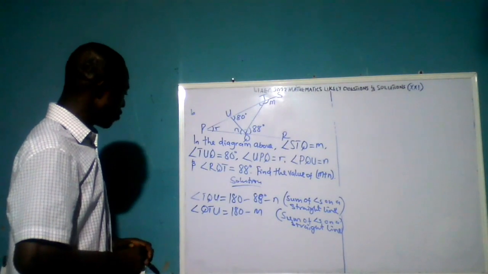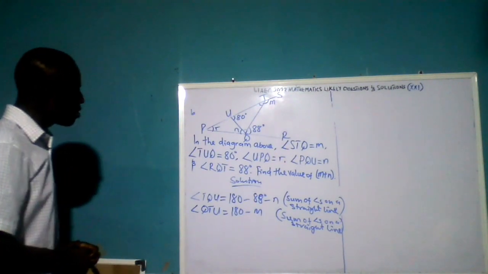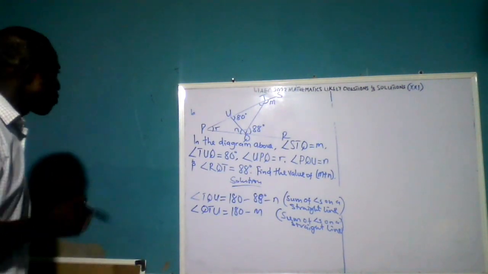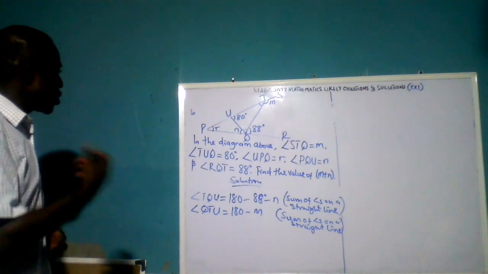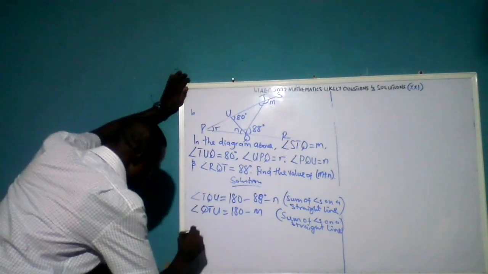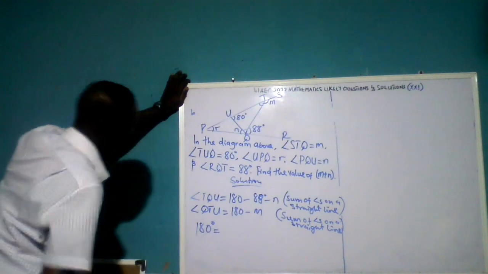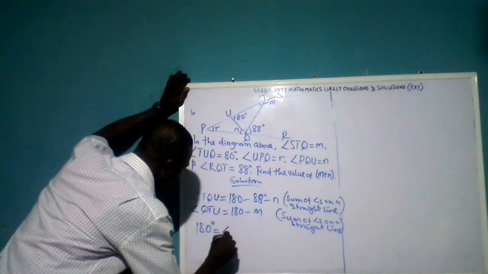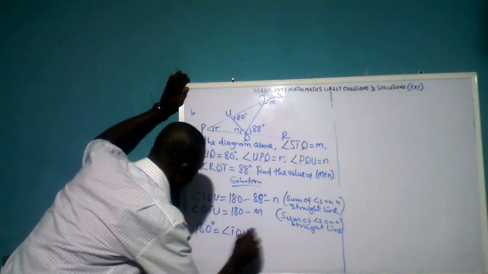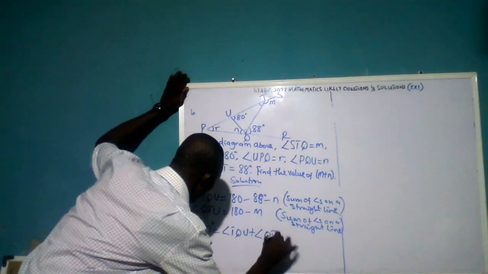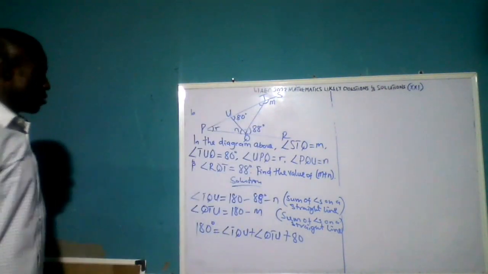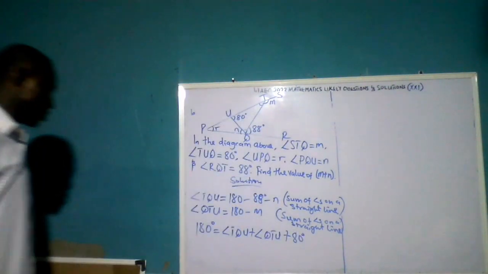If we take the sum of the angles involved in this triangle QTU, it will of course be equal to 180 degrees. Therefore, 180 degrees is equal to the angle enclosed by TQU at Q plus the angle enclosed by QTU at T, plus 80 degrees.